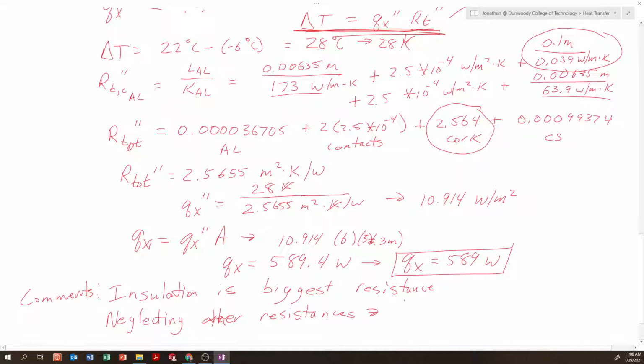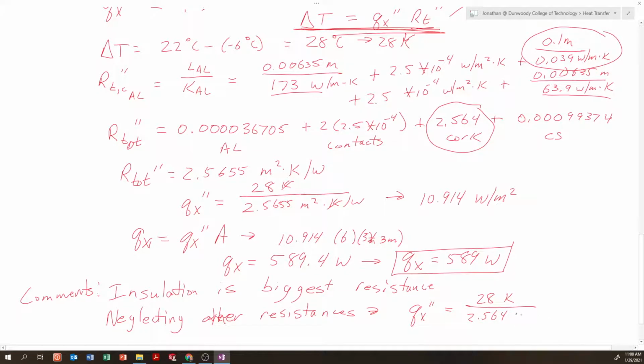so if I just do the analysis here, Q_x double prime equals 28, so I'm saying I've got 28 Kelvin across the cork itself for 2.564 meters squared Kelvin per watt. That number goes to 589.7 watts per meter squared. That's times the 54 already, so let me add that in my notes, times 54 meters squared.